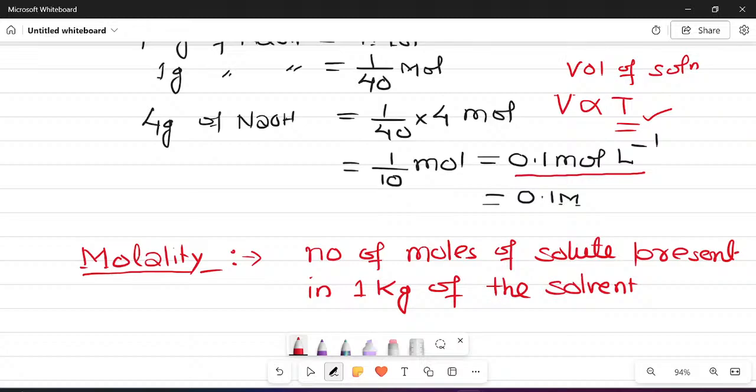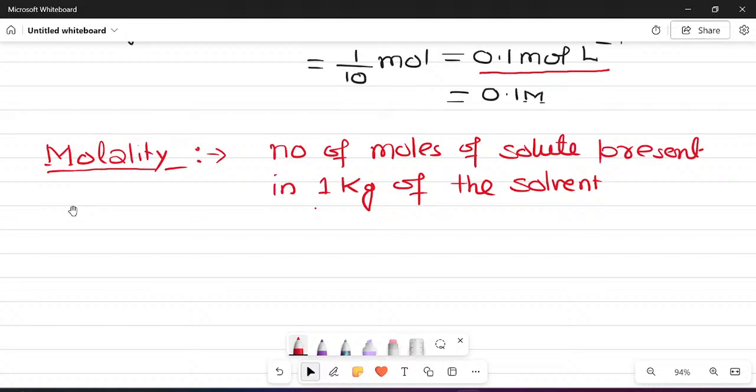So here suppose x moles are present per kilogram of the solvent. Per kilogram means amount of solvent in kilograms. So this is mass. So we are taking into account the mass of the solvent, and we know that the mass of the solvent does not change with change in temperature.